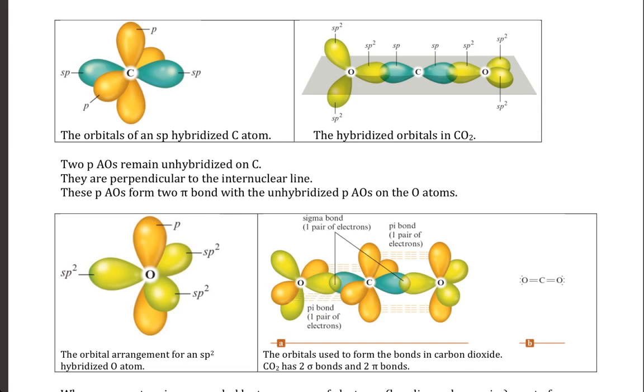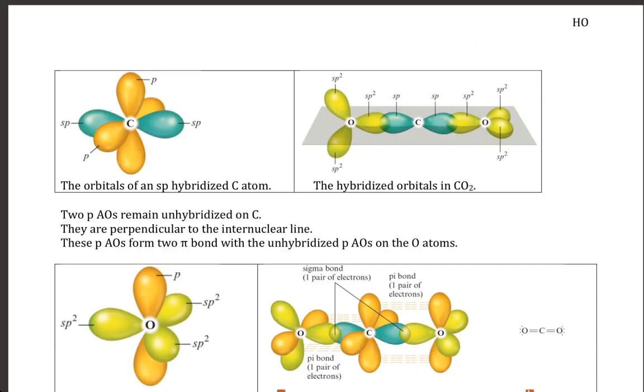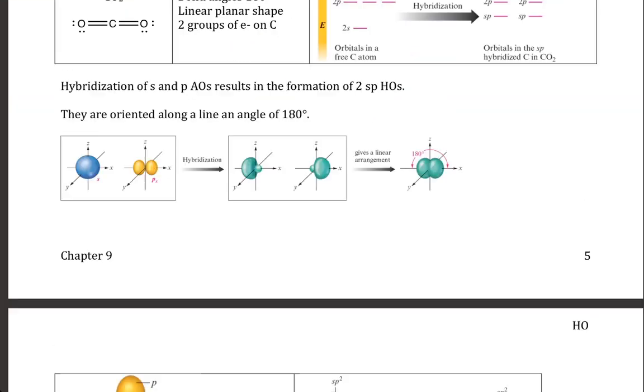So in this diagram with the green and the kind of olive color, carbon in the middle, now we've got the oxygen. On the carbon we have the hybrid orbitals sp. The p atomic orbitals are for the moment left off. On oxygen we have three groups of electrons. Let's go back to our Lewis structure.